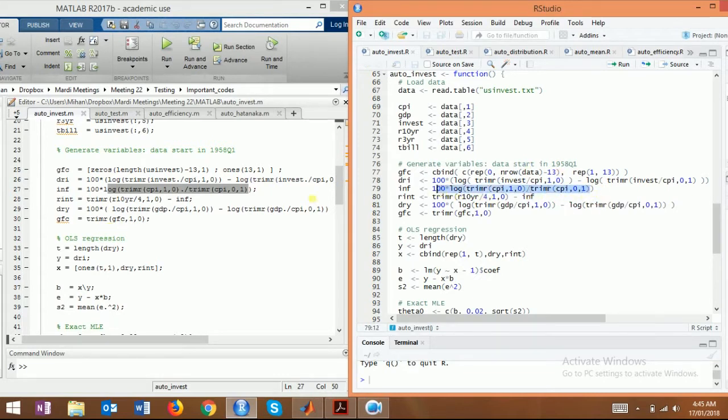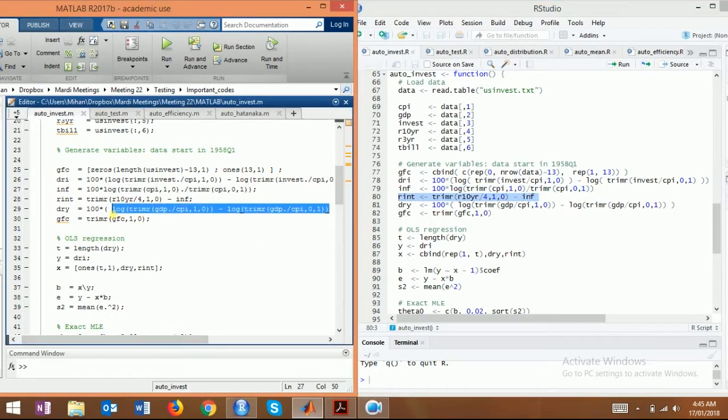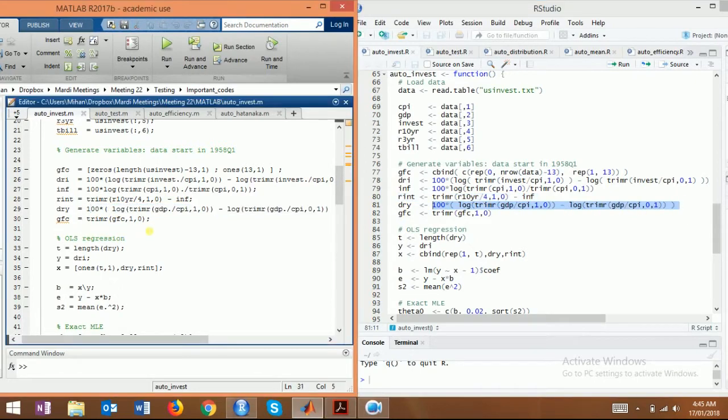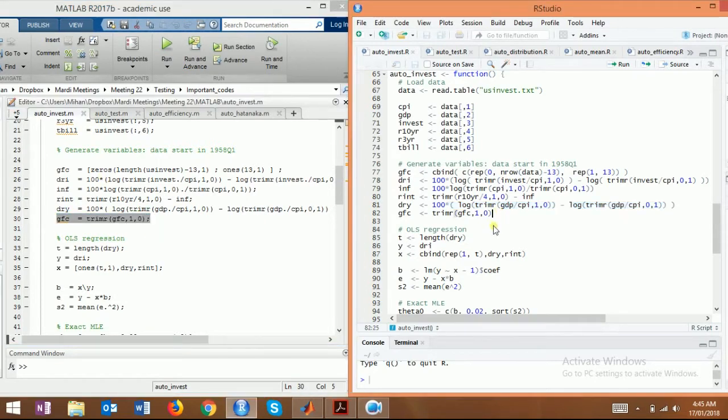Remember, nothing is going element by element. Then RI and T streamer are 10 years quarterly divided by 410 minus INF. Okay, fine. Real income is streamer GDP divided by CPI. This is also in lags, something we just discussed. Streamer GFC 10, so that it reaches the same size as the others.